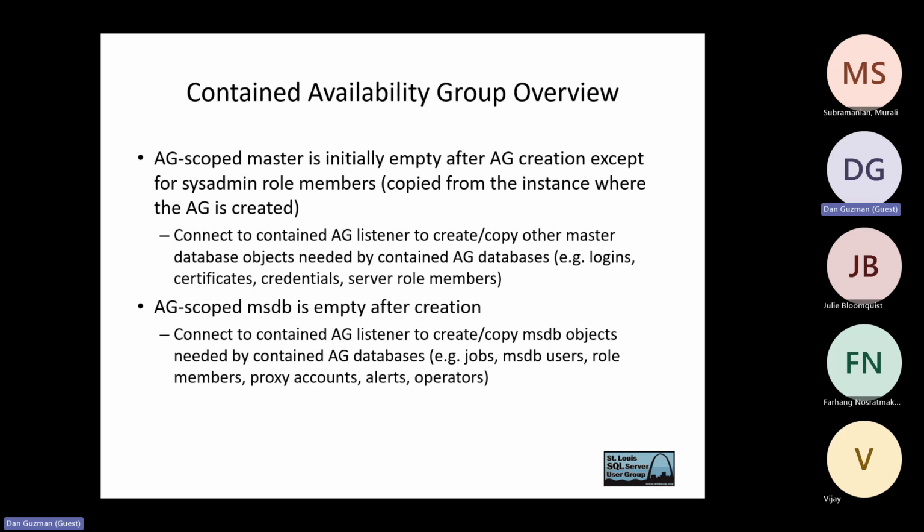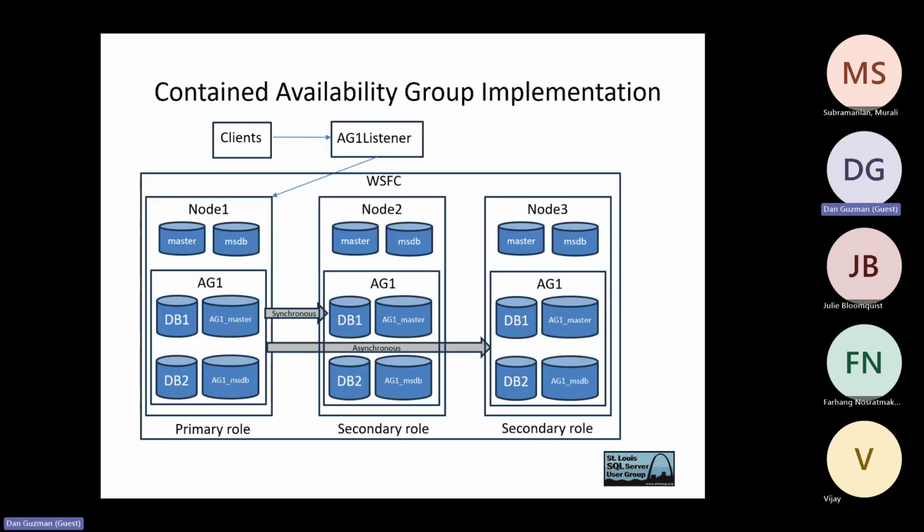If you're creating a brand new application, then you're not going to have anything to start with, and you would just create them normally. But if you're migrating an existing application to a contained AG, you would need to script those out and then run those scripts against the contained availability group listener to create those in the database.